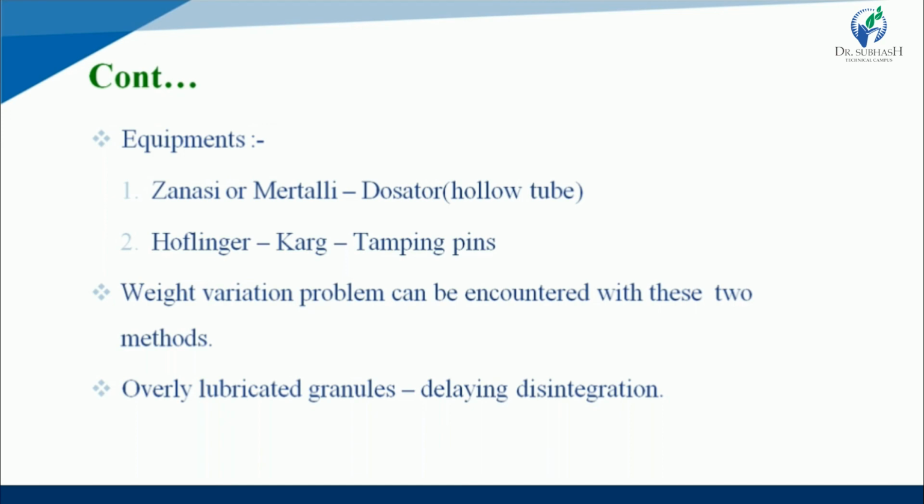So weight variation problems are removed by the Zanasi machine and Hofliger Karg tamping pins. Overly lubricated granules delay the disintegration. So optimum lubrication is required; if the lubricating agent is added in excess, it directly affects the disintegration of the dosage form and delays it.